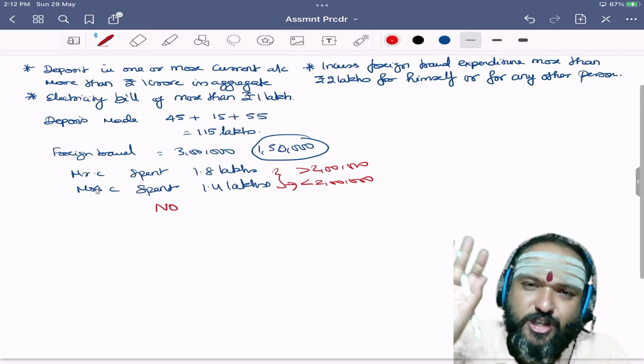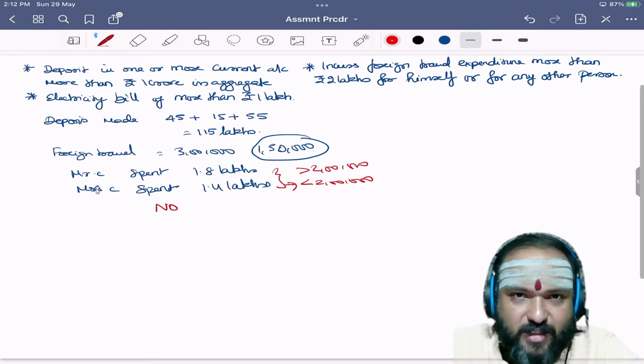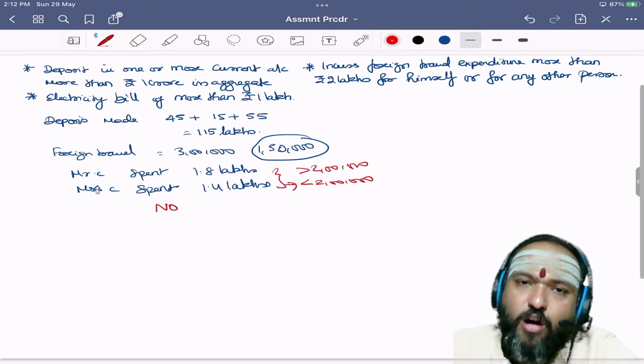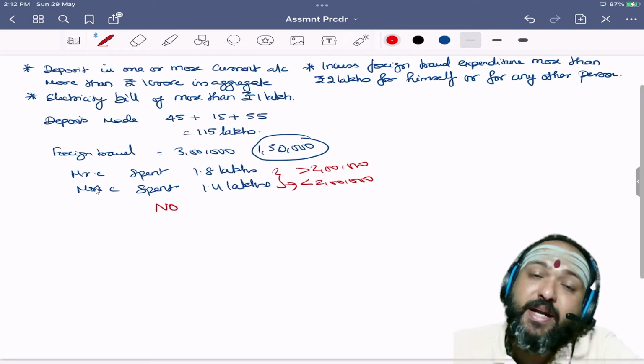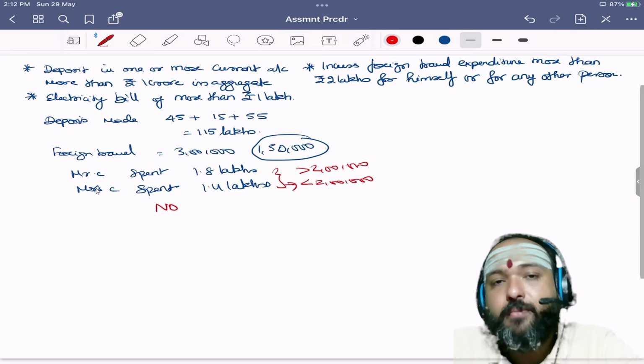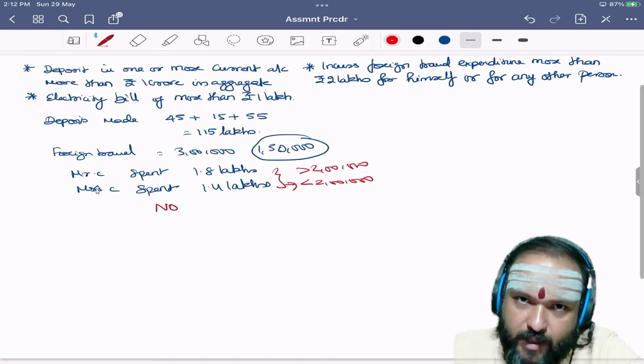So you can be rest assured that no return filing mandate will be considered for that scenario. Is it clear? So the person who is a resident in India who spends for his own travel or for somebody else's travel and such spending is more than the amount of 2 lakhs and his taxable income is lower than the basic threshold limit, then he will be mandated to file.